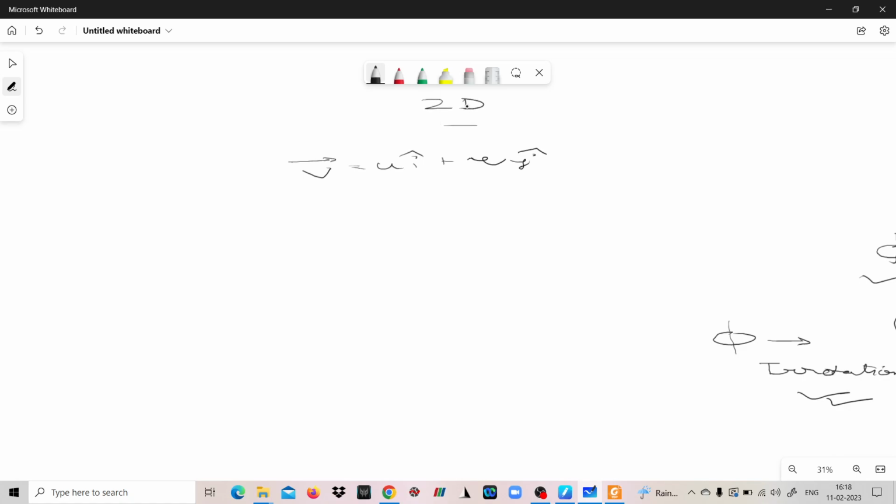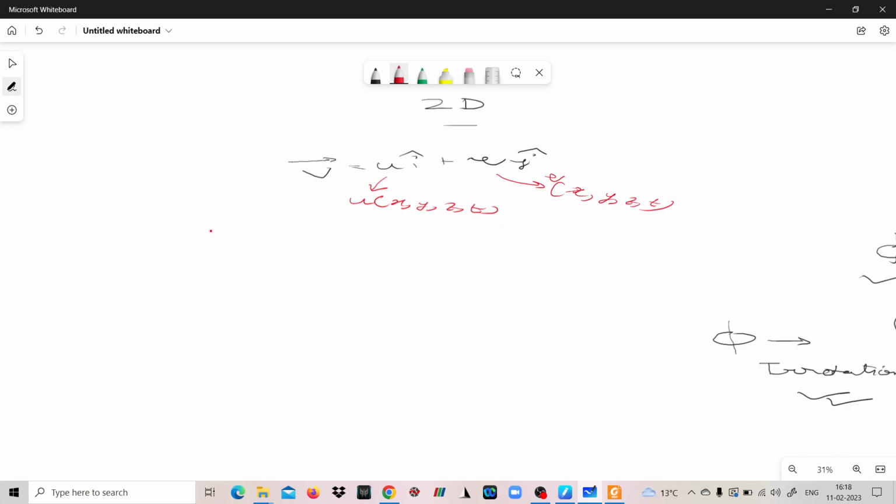Such that u is a function of space and time, and similarly v is a function of space and time.